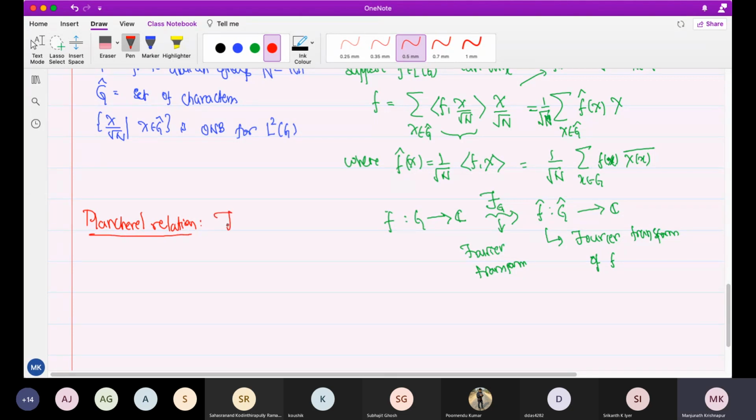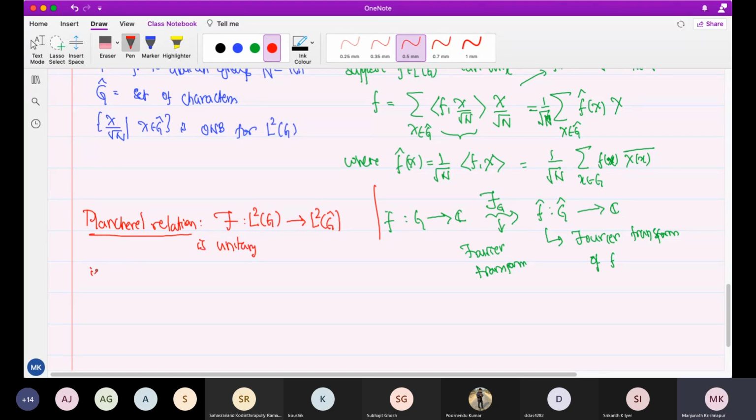The Fourier transform from L2 of G to L2 of G hat, because any function on a finite set we can call L2 of that set. L2 always means counting measure. G hat here at the moment has no structure, just a set. It is unitary.